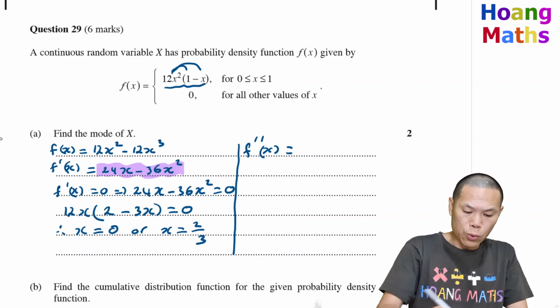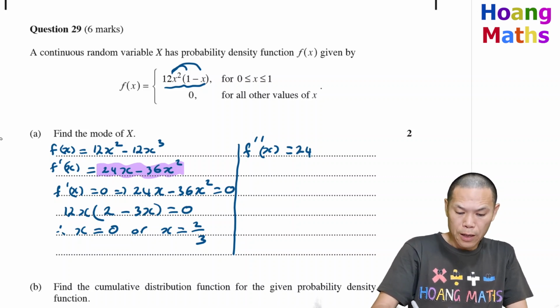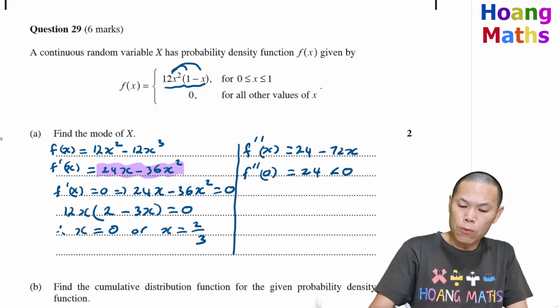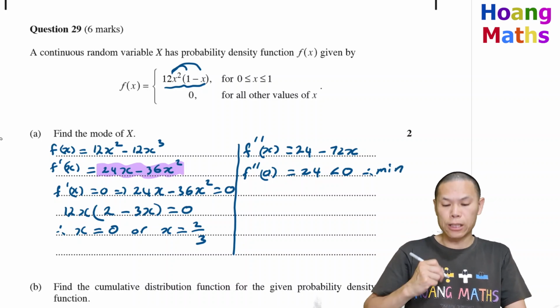That will give me 24 minus 72x. So f''(0), I can just put 0 there, will give me 24 anyway. So less than 0, so therefore minimum, okay, at x is 0.